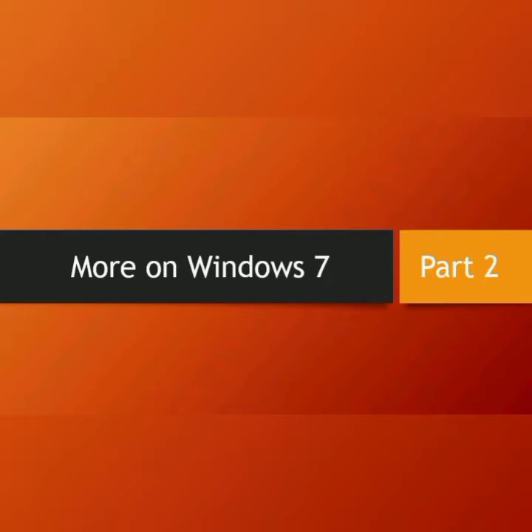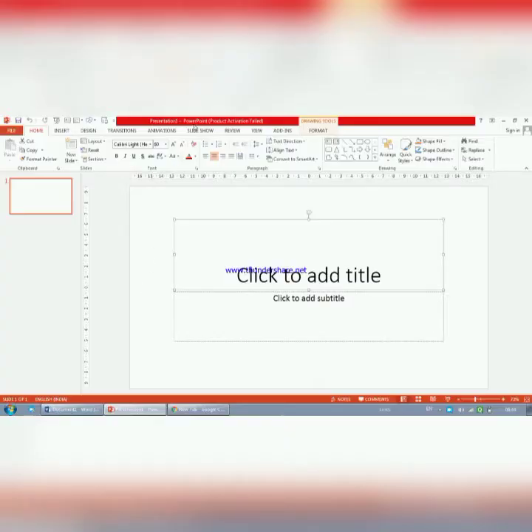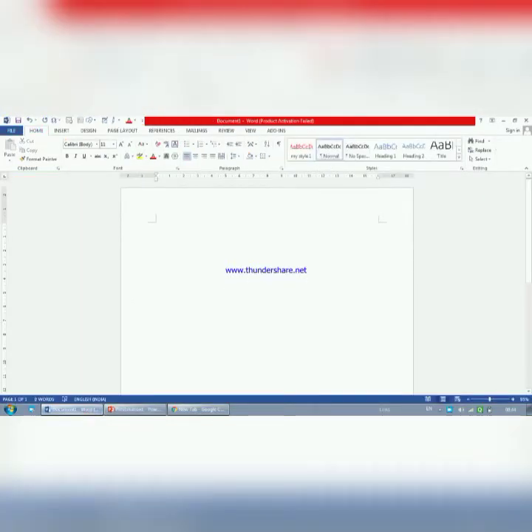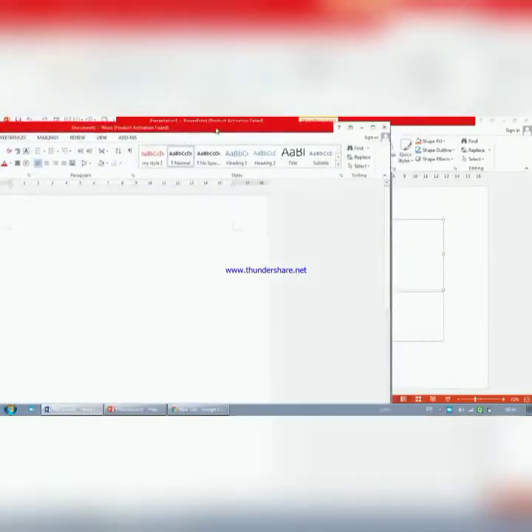Then there is one more feature, that is Snap. What this feature does, I'll show you. I have given two screens here, one of PowerPoint and one of Microsoft Word.